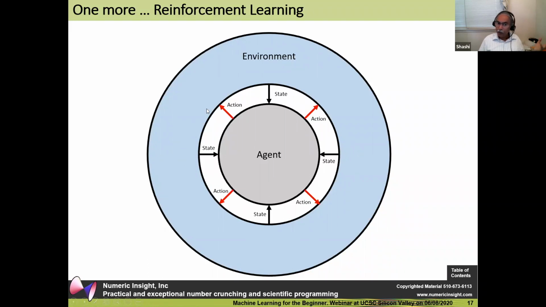It can do some action to change the environment. And when that action happens, a reward may be offered to the agent, a reward or a punishment, actually. So you get a reward, which may be positive or negative, let's say. So this goes on for several iterations. The agent tries its best to get the maximum reward.